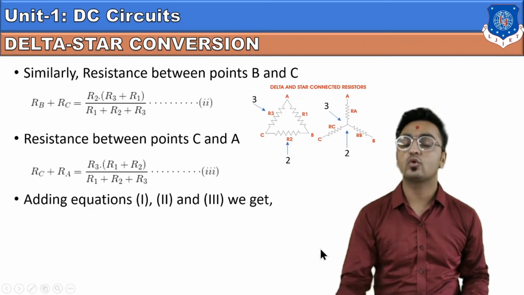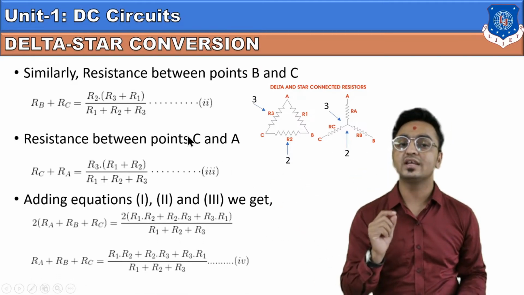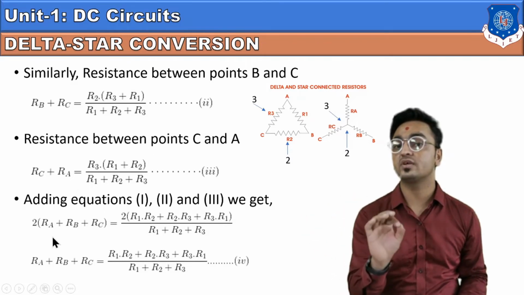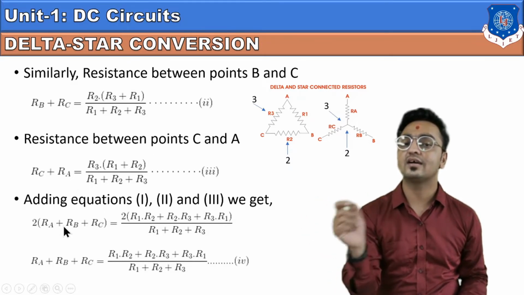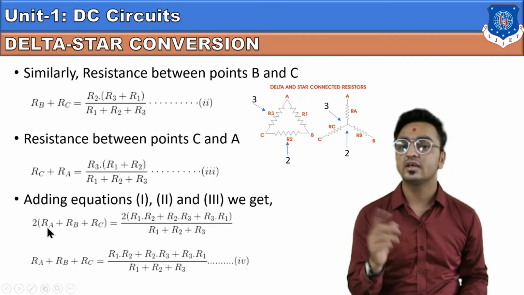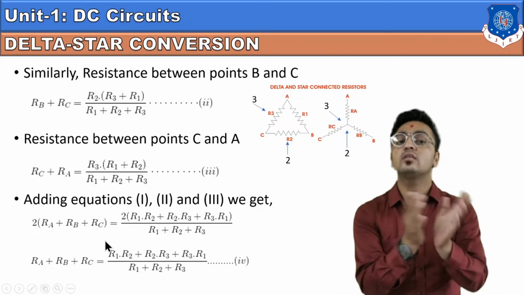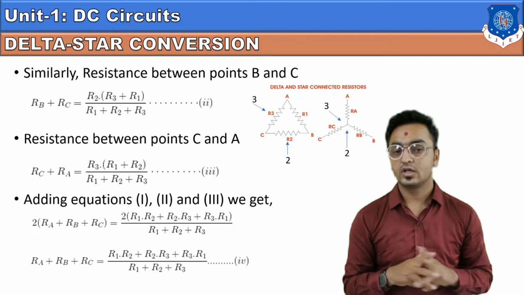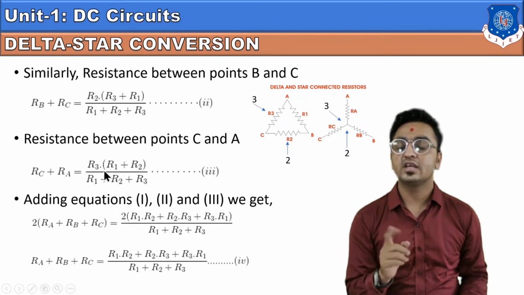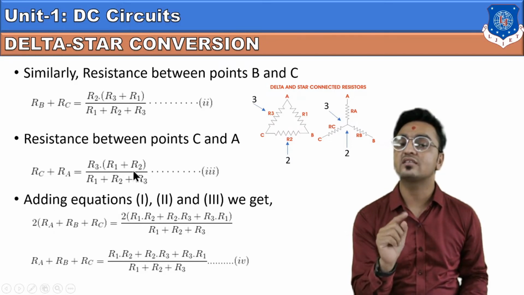For that, we are going to add all three equations 1, 2 and 3. On the left hand side, we get 2 times RA, RB and RC, so it will be 2 into the bracket RA plus RB plus RC. In the same way, on the right hand side, if you multiply these terms, as an example in equation 3, you will have R3 into R1, and R3 into R2.